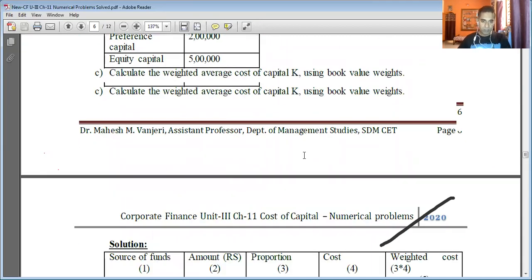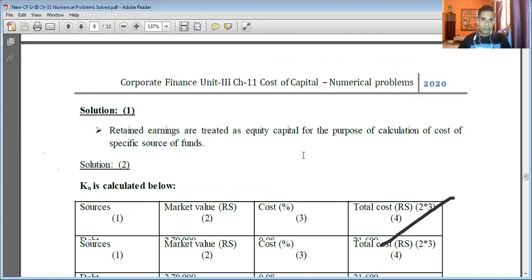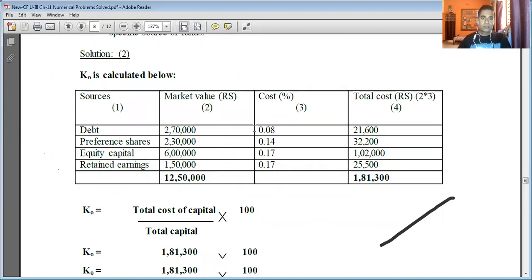I hope you remember. Converting to decimals, the cost of debt is 0.08, the cost of preference shares is 0.14, and the cost of equity capital is 0.17. The cost of retained earnings is considered equivalent to the cost of equity capital, hence 17%.